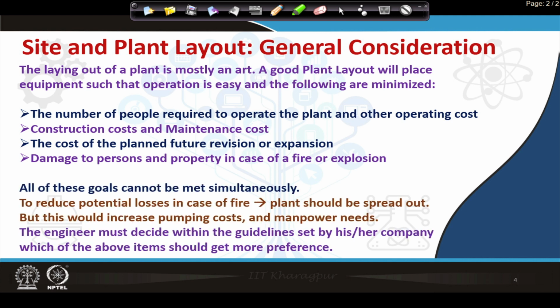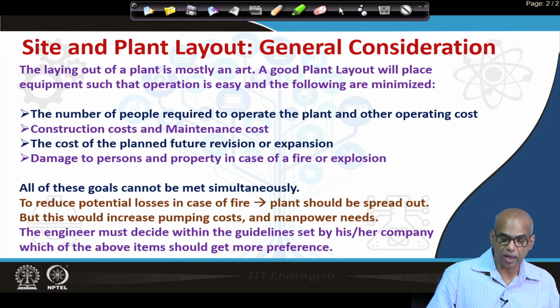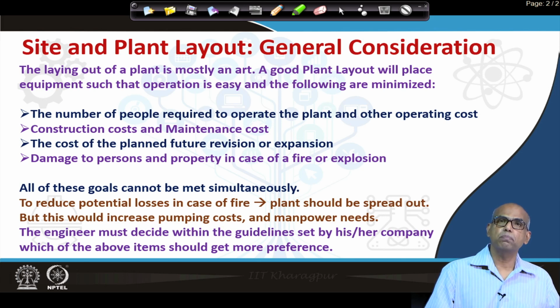All of these goals cannot be met simultaneously. For example, to reduce potential losses in case of fire, your plant must be spread out. But if you spread out your plants, the pumping cost will increase and possibly also you will require more manpower for operation.